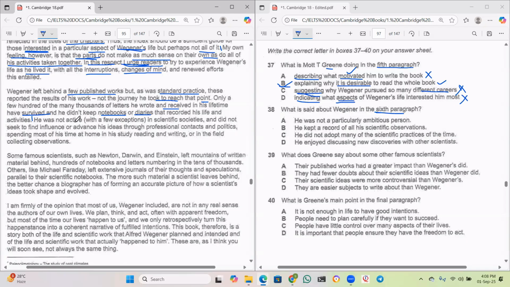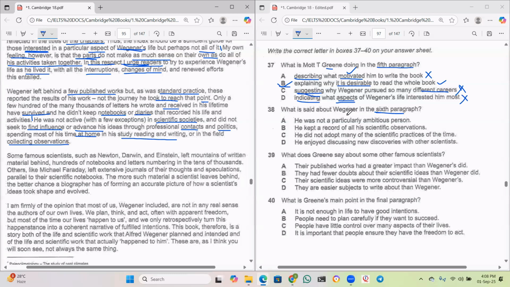He was not active in scientific societies and did not seek to influence or advance his ideas through professional contacts or politics, spending most of his time at home in his study reading and writing, or in the field collecting observations.